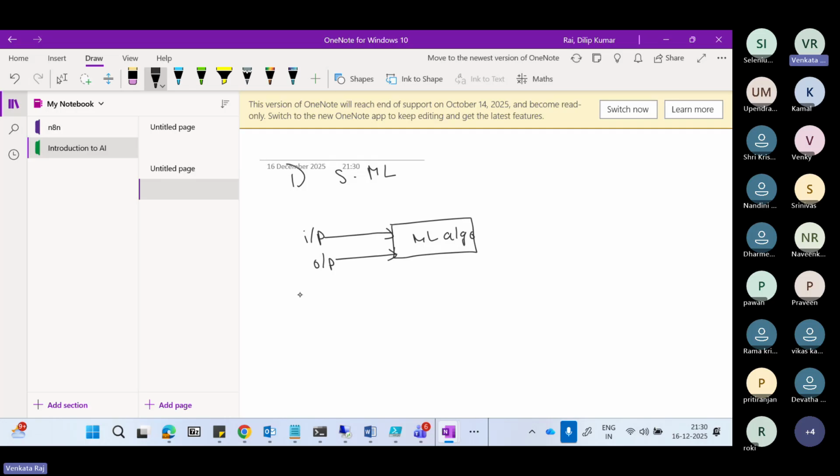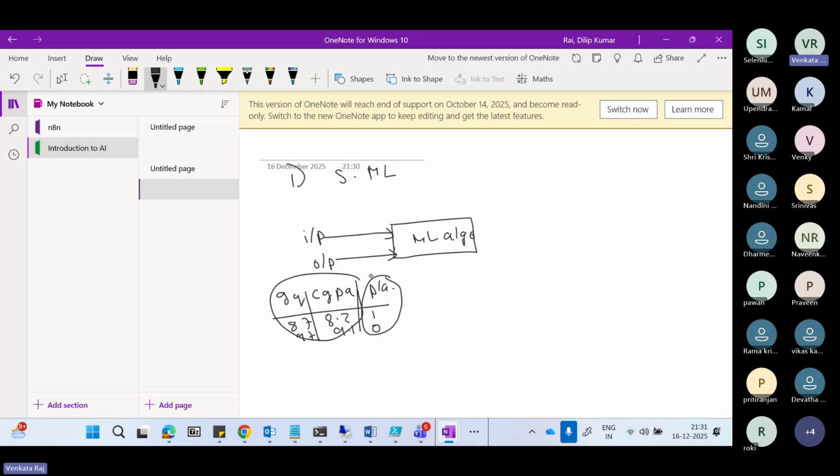Same example, I'll take IQ, CGPA and placed or not. We'll feed some random numbers, 87, 97, 8.2, 9.1, placed yes, not placed 0. So we'll feed this input data and this output data also.